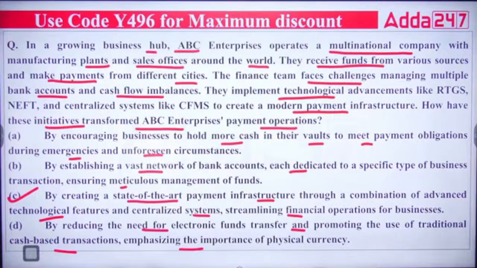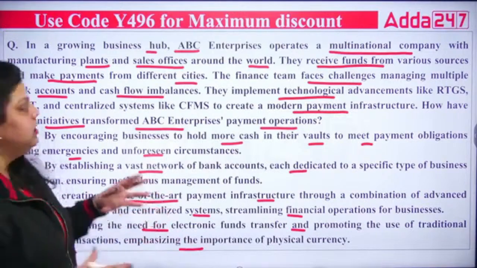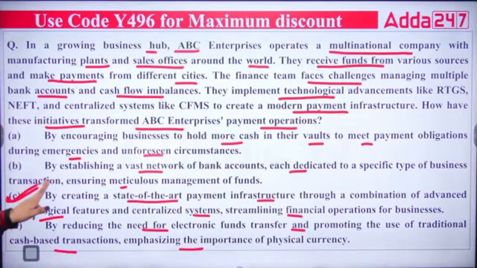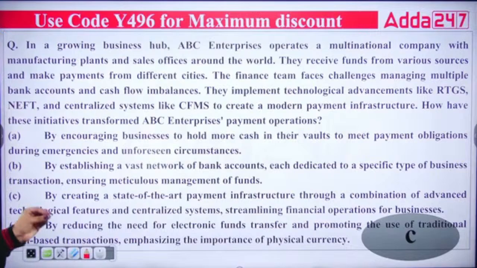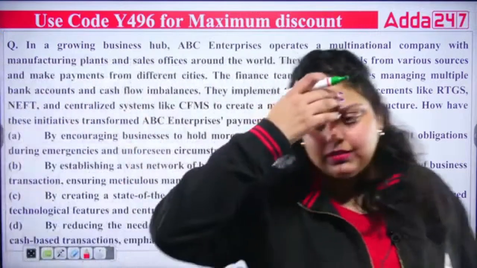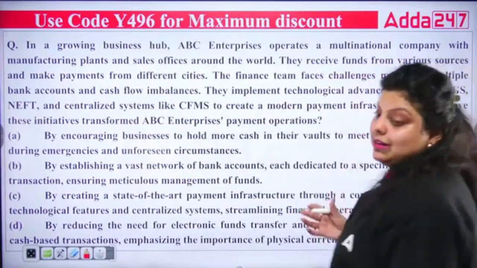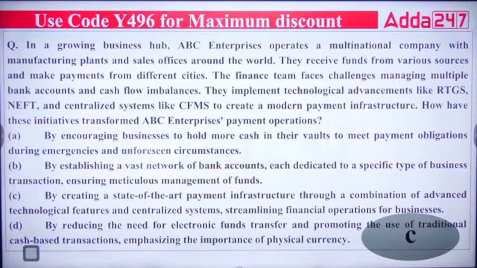They can make payments very quickly and easily without worrying about it. So this is the right option. The right answer will be C: by the initiative they have taken with RTGS, NEFT and CFMS, their payment platform and handling of cash have become very easy for them. So the right answer will be C.